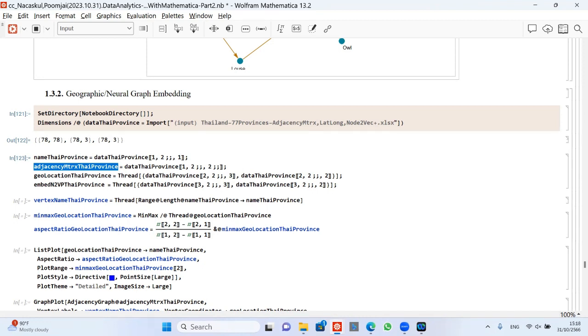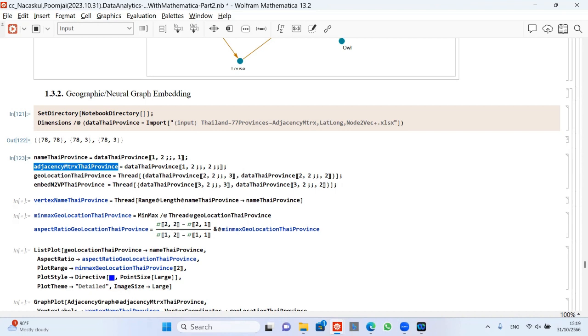You go from Jangwat or province A to B or B to A. So how many, and Jangwat is not bordering with itself. How many possible edges do you have? Again, you divide by 2 because it's symmetric, right? 77 times 76 divided by 2.